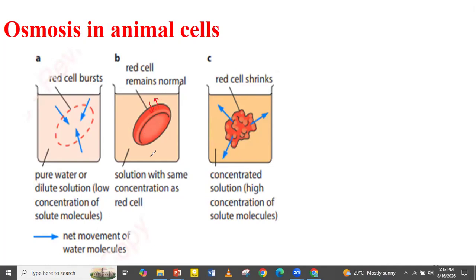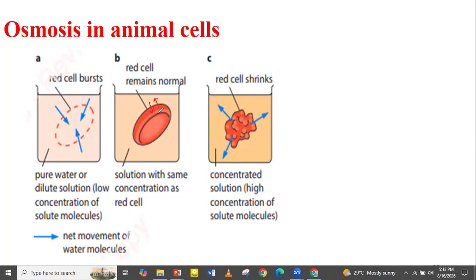So usually your body works to ensure that the concentration of your blood or your tissue fluid is the same as that of the cells it is surrounding. So your blood should have the same water potential, and your tissue fluid should have the same water potential as the cells it's surrounding.